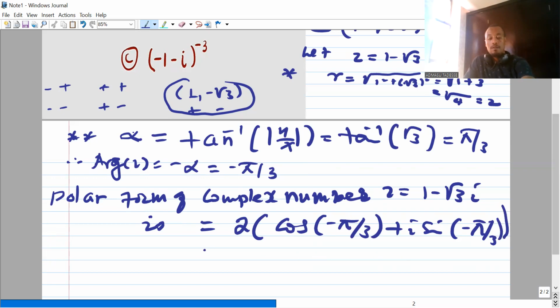Okay, then this is given by 2 into, cosine is an even function, so cos of negative theta is positive cos of theta ነው የሚሆነው። Okay, ሳይኑ ደግሞ ኔጌቲቭ ነው የሚሆነው ሳይኑ ኦድ ስለሆነ.